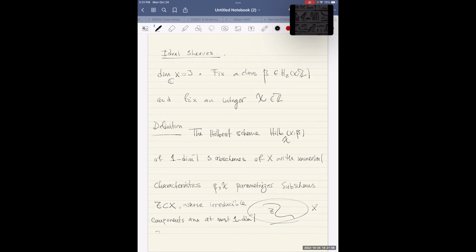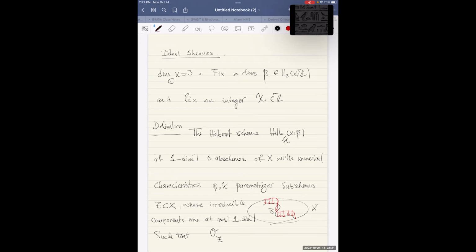Okay, such that if I look at the structure sheaf of the subscheme, pictorially, it looks like a holomorphic trivial bundle which is supported on the subscheme itself. That's what the structure sheaf looks like.